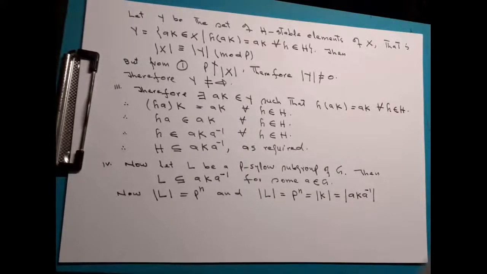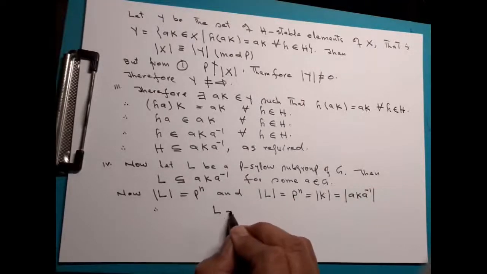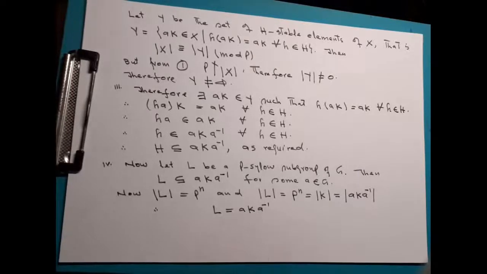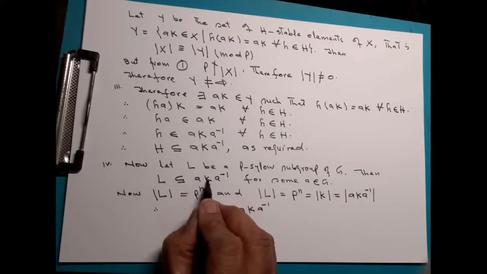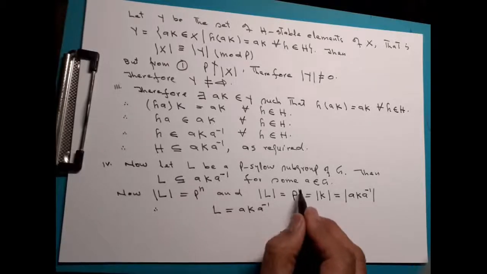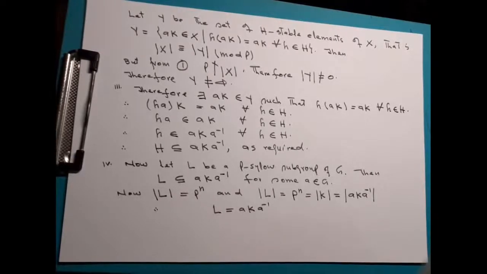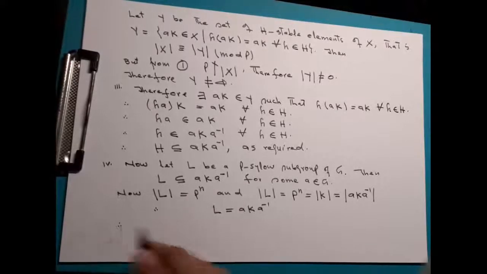So therefore L is equal to aKa inverse. Reason is that L is a subset of aKa inverse, and the number of elements in aKa inverse is equal to p raised to power n, and the number of elements in L is also equal to p raised to power n, and this is possible only if L is equal to aKa inverse, and therefore any two p-Sylow subgroups are conjugate.